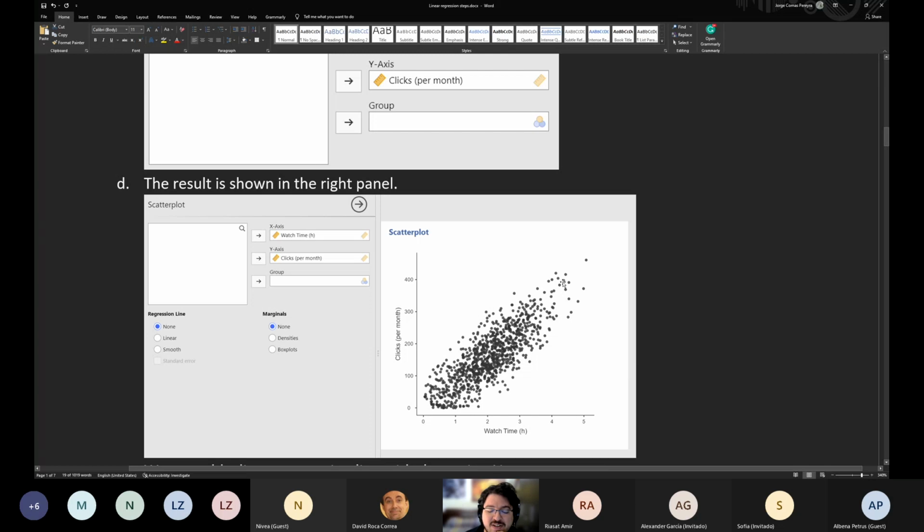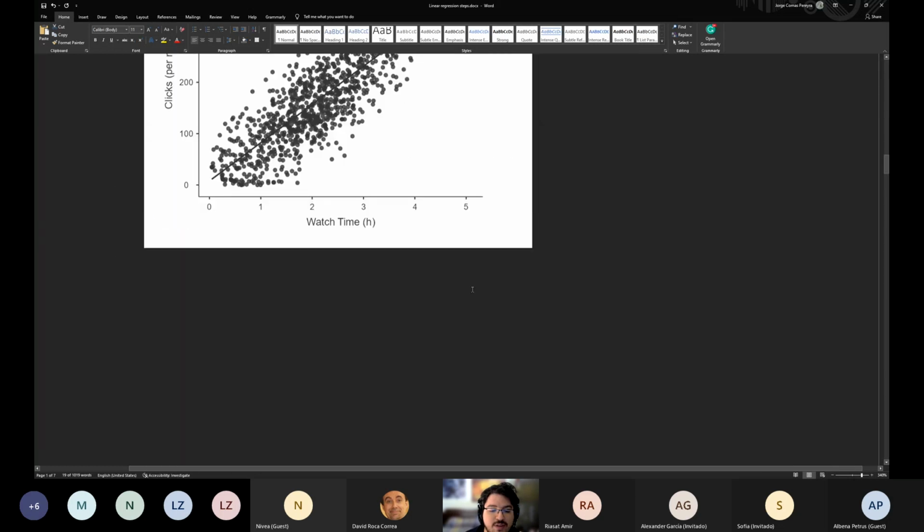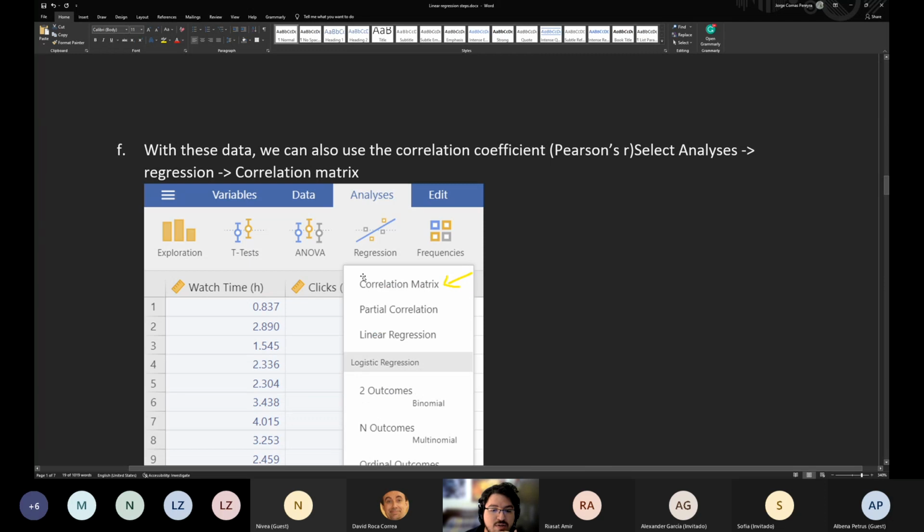If you think that a straight line can be a good summary of those points, of that cloud, then you go to the next step, which is the correlation matrix. You do that for the variables that you have in the data set.